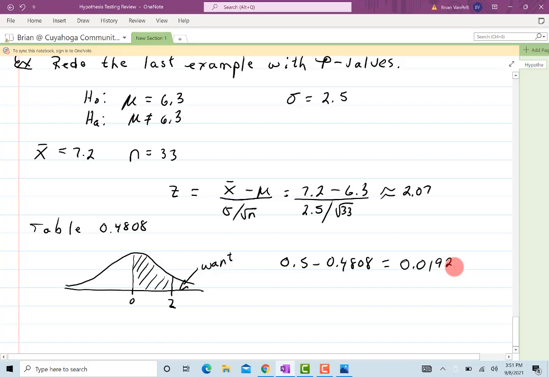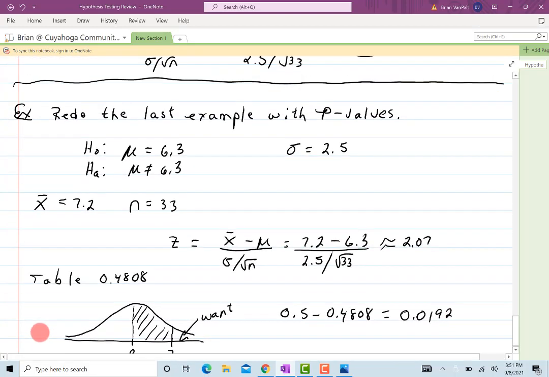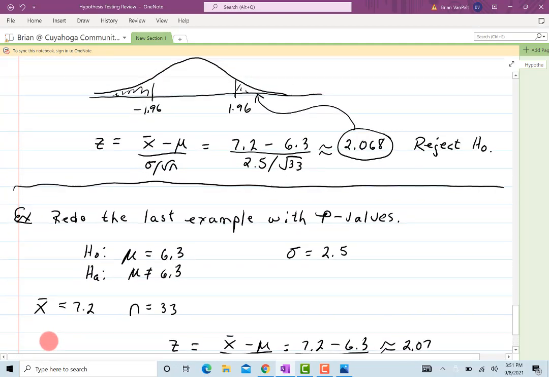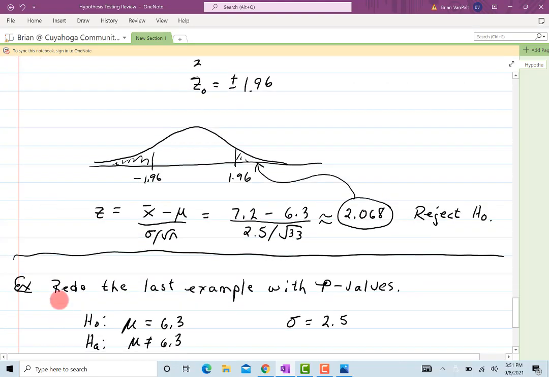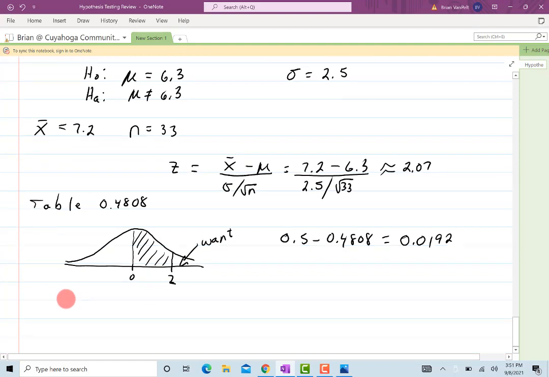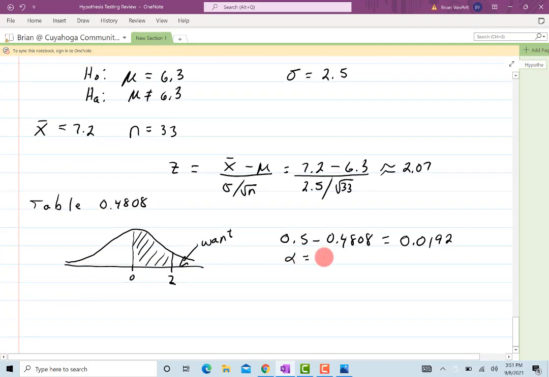And so where is our alpha? I don't remember what the alpha was. Alpha was 0.05. And so alpha over 2 was equal to 0.025. Let's compare. Which of these is bigger? I'm doing 0.0192 versus 0.025.